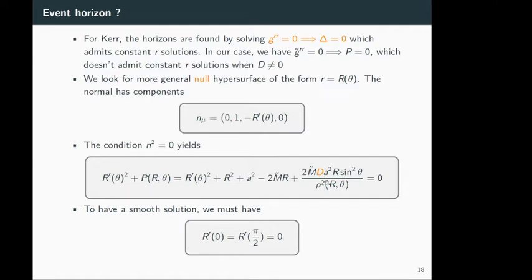Just to say it once more, if you take the Kerr example, you don't have to consider this theta dependence, d is 0, and you do get constant r solutions, which give you the Kerr horizon. But in our case, you don't, because solving this piece gives you a theta-dependent profile. Also, something I must add is that to have a smooth solution, you have to impose that the derivatives at the poles and the equator are 0.